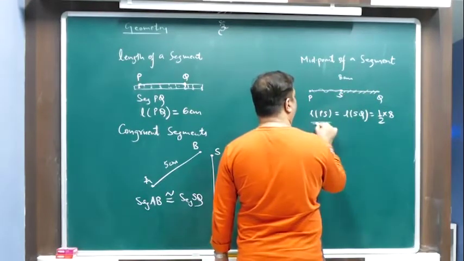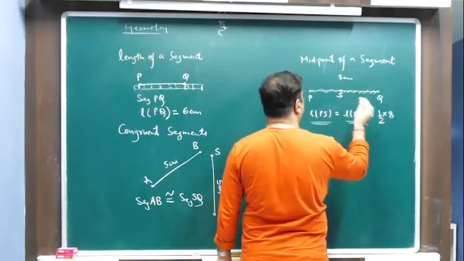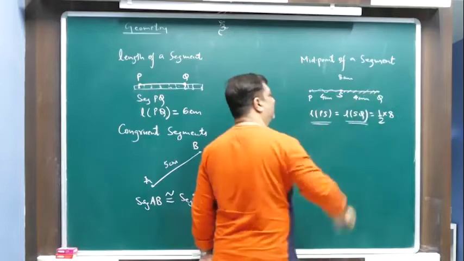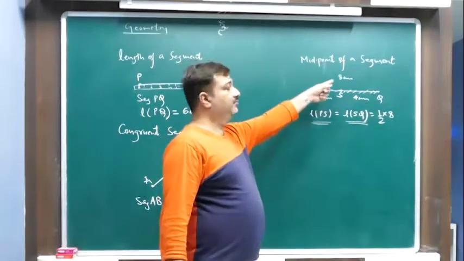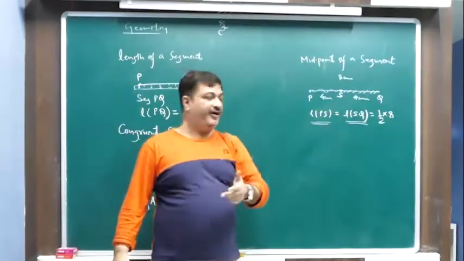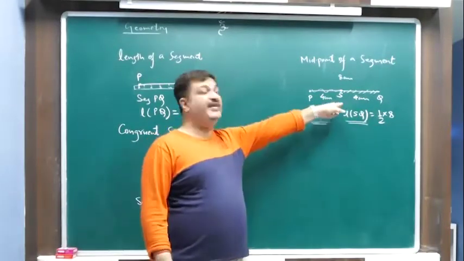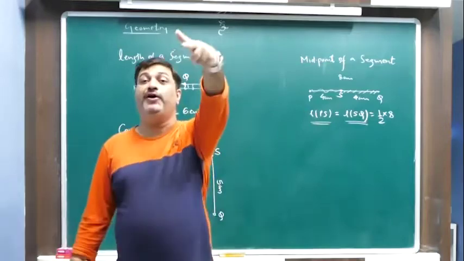Both are equal, meaning 4 centimeter, 4 centimeter. Half of 8. Total is 8. Half of 8 means 4, 4. Then such a point S will be called as midpoint of that segment.